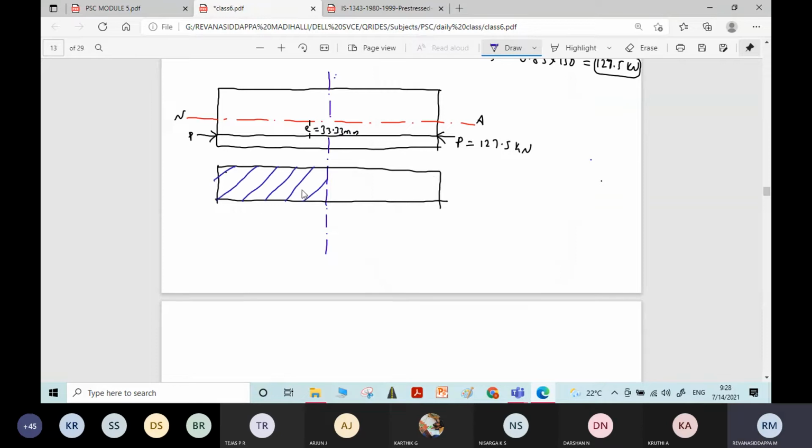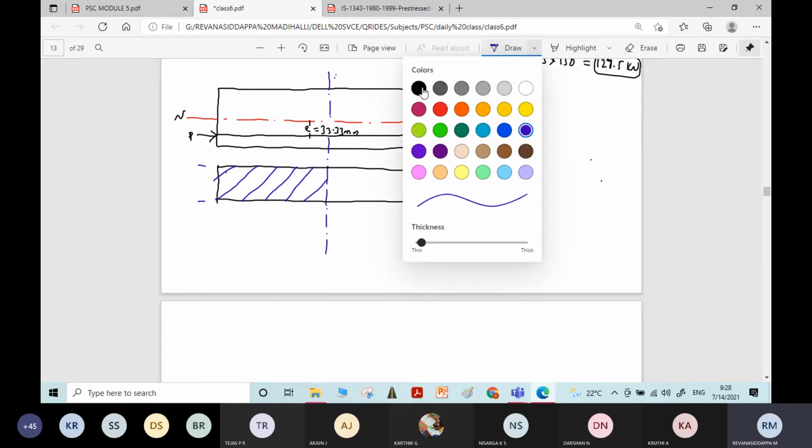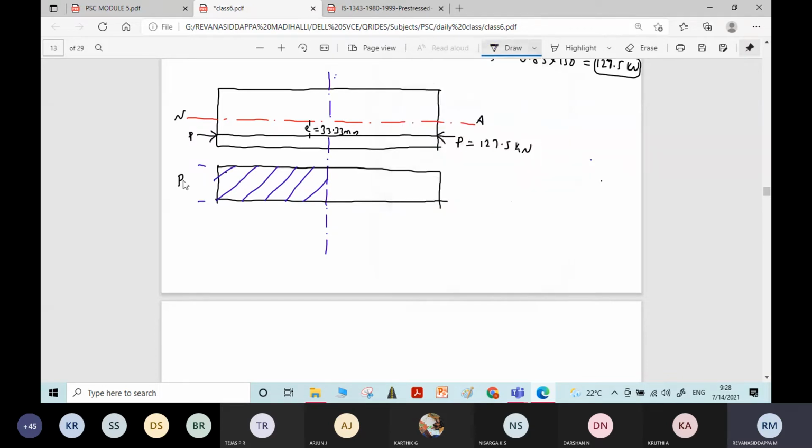So what is the intensity here? It is P into E, correct? PE is the intensity. P is 127.5; in terms of Newton, it is 127.5 into 10 power 3, into 33.33.